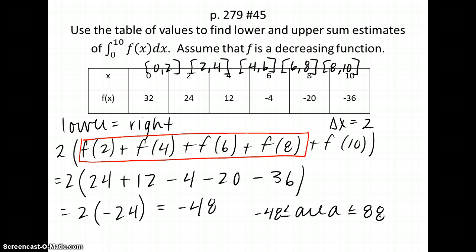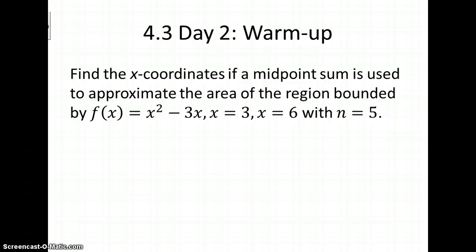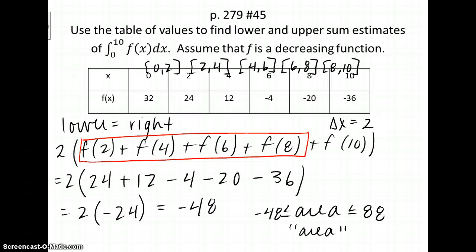Now, after the classwork on the first day of this, a negative area, in quotations, just means that the region would lie below the x-axis. Okay? That's it, and I'll see you tomorrow.